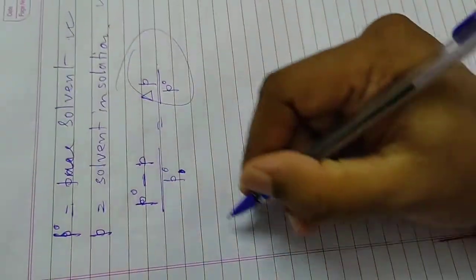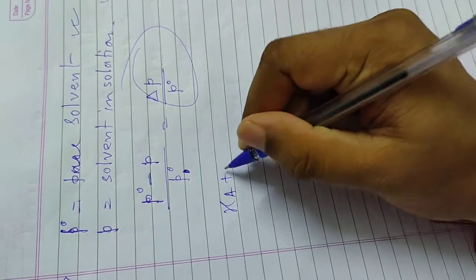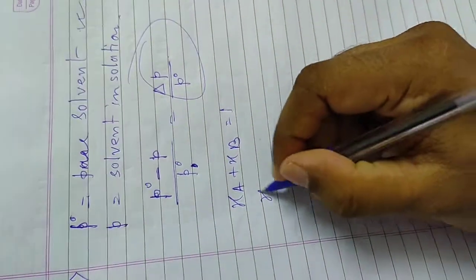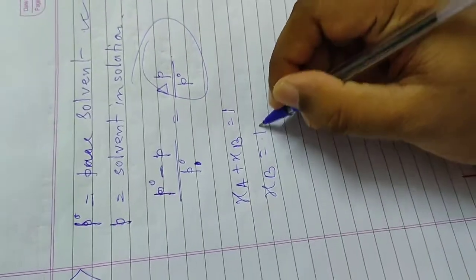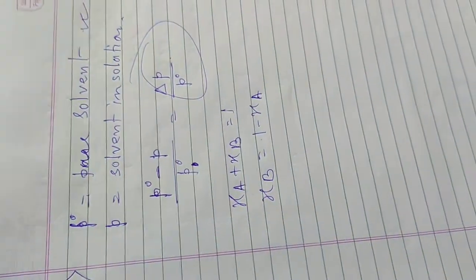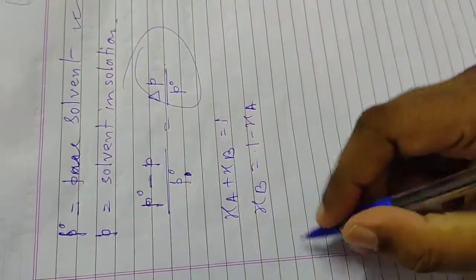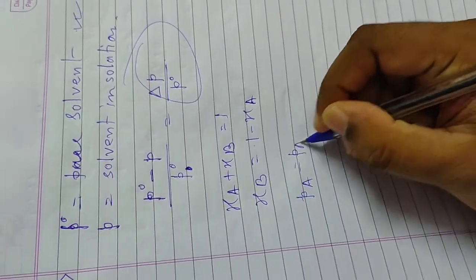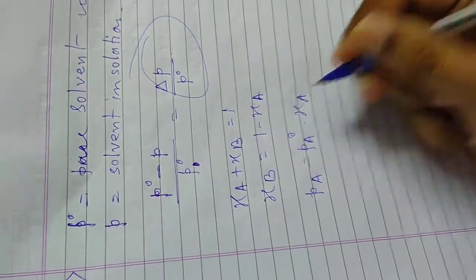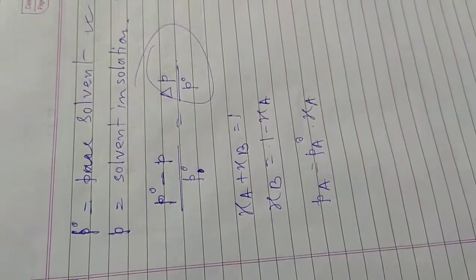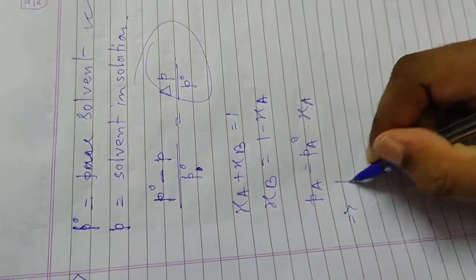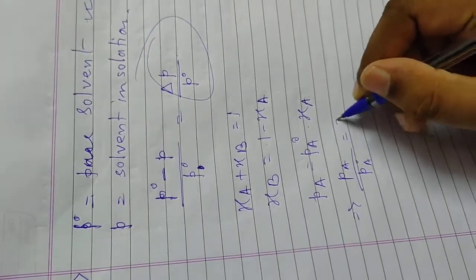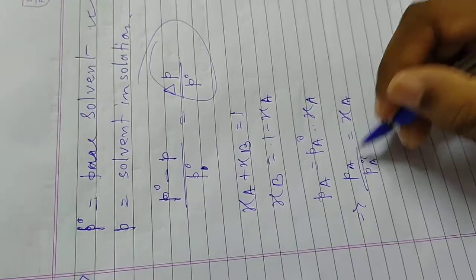Again, there is one more thing to tell you, that chi A plus chi B is equal to 1, we know that. And from here we get chi B equal to 1 minus chi A. And from Raoult's law, we get PA equal to PA naught into chi A. And from here we get PA by PA naught is equal to chi A. Understood now?